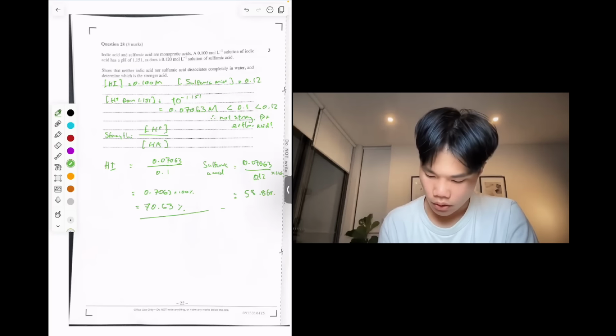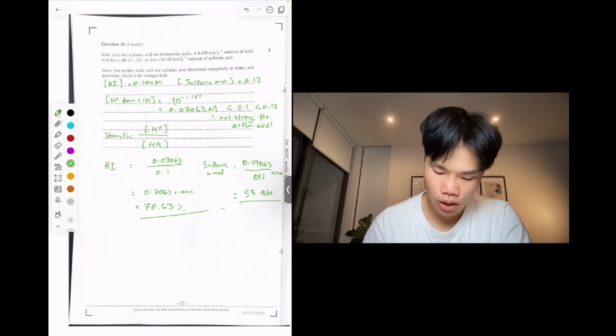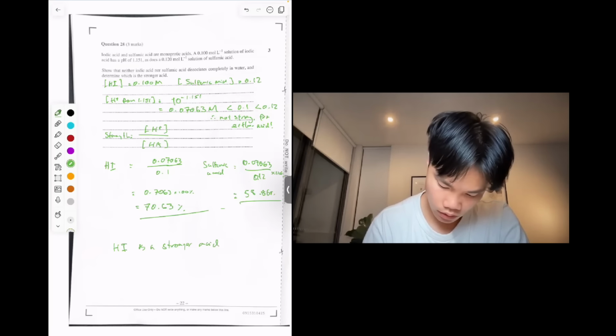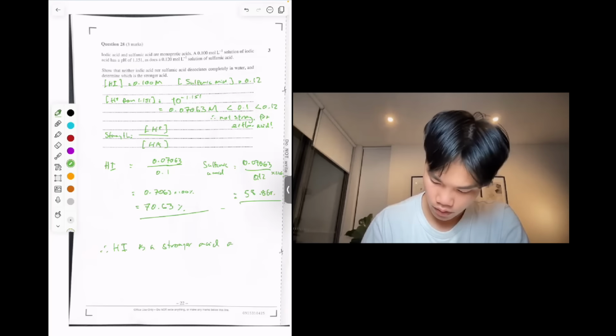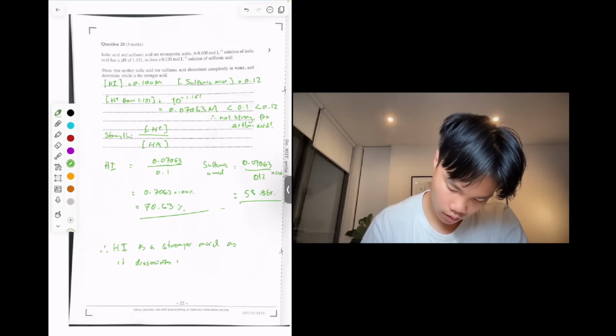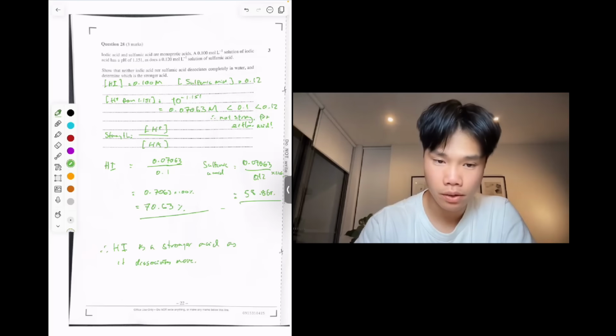So you can see, based on the comparison of the percentages, HI is a stronger acid as it dissociates more. Cool.